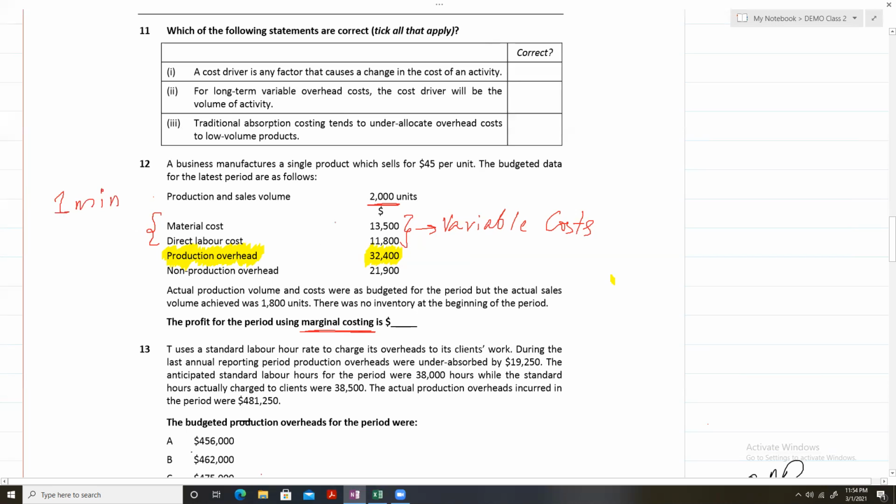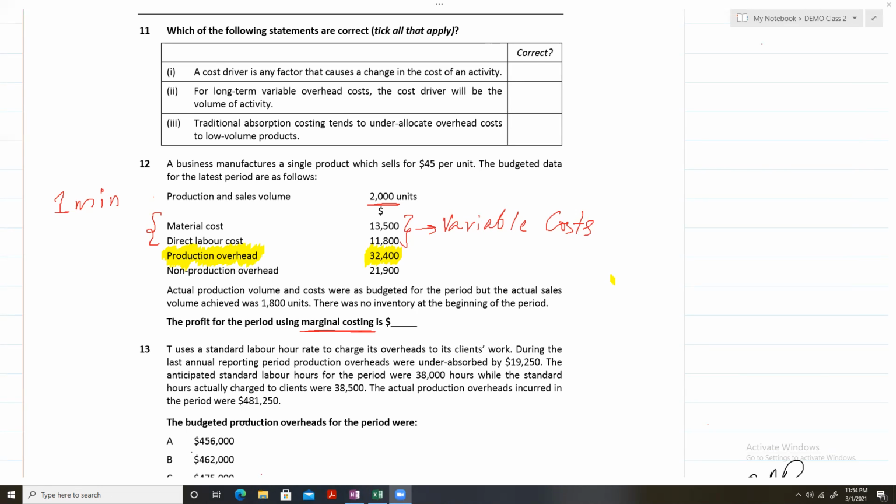Please find out the value of each unit of inventory in marginal costing. 12.65.